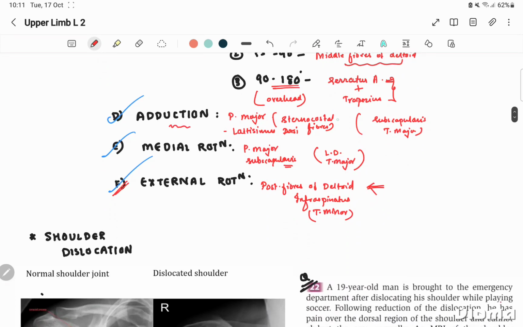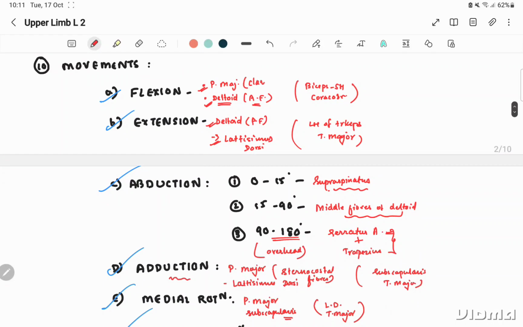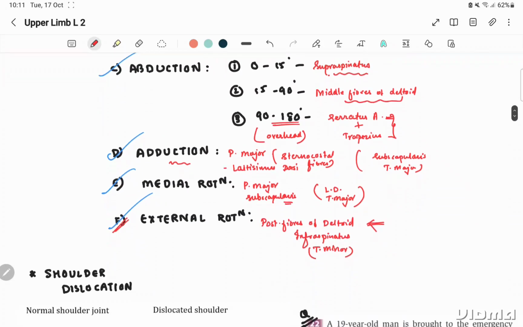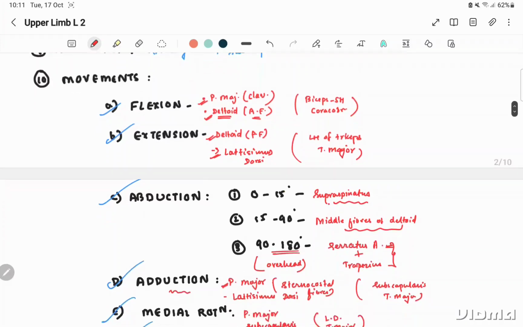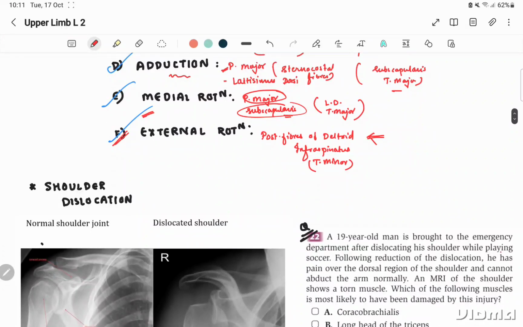In adduction, we have pectoralis major sternocostal fibers, as the clavicular fibers were helping in flexion, and latissimus dorsi will also help. In medial rotation, pectoralis major and subscapularis. In external rotation, posterior fibers of deltoid, infraspinatus, and the helping muscle is teres minor.